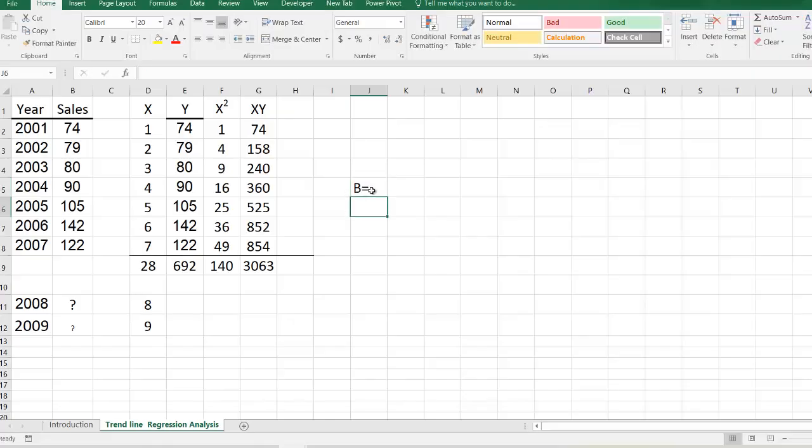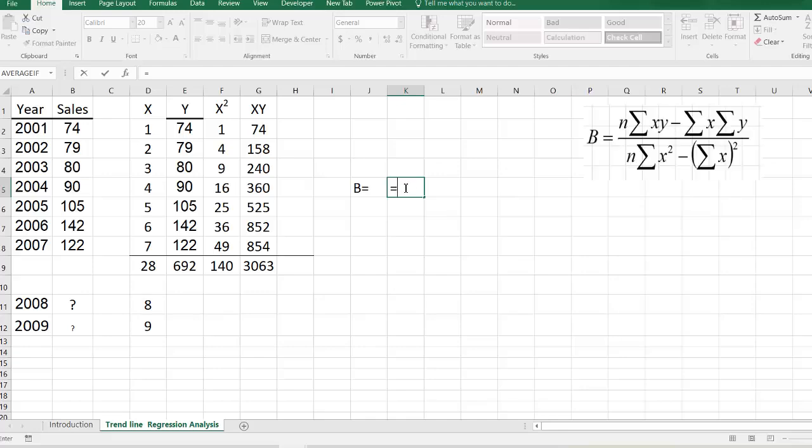For the value of B, the formula is n summation of xy minus summation of x times summation of y.Reducing that numerator, open parenthesis, n is equal to 7, the number of periods in the time series. Summation of xy is 3063, located at G9, minus summation of x, which is 28, times summation of y.